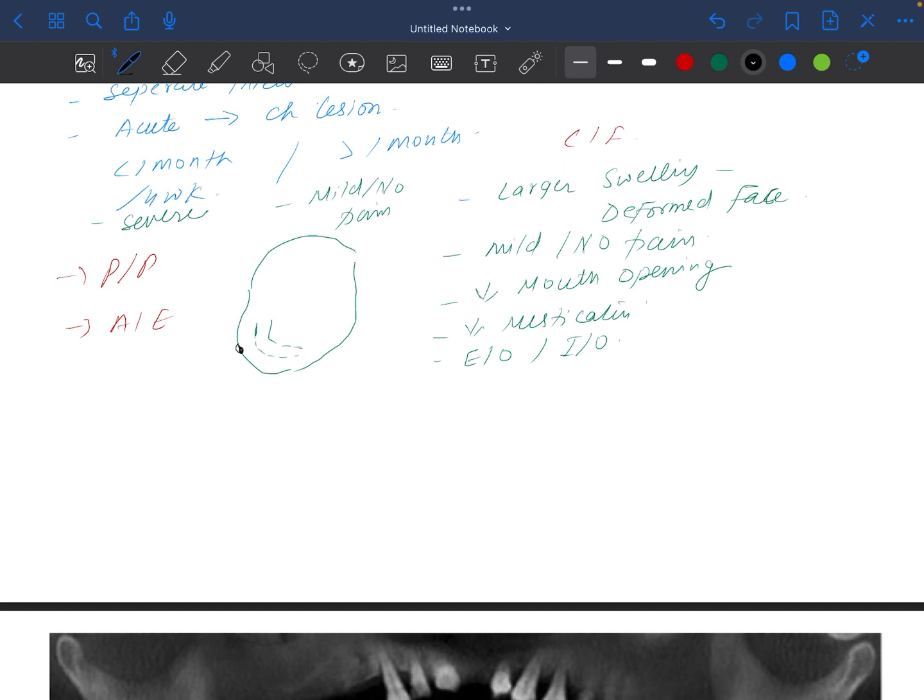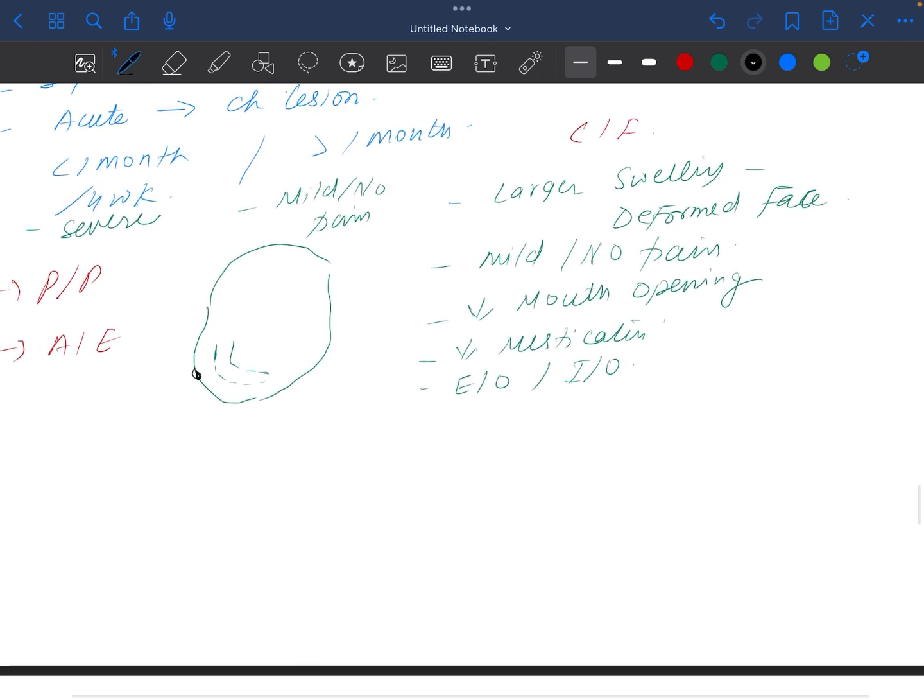It will try to leak out from the skin. And if you look at the patient's face, you will see a small opening. It is a sinus opening, basically a pathway for pus to exudate out of the cavity.